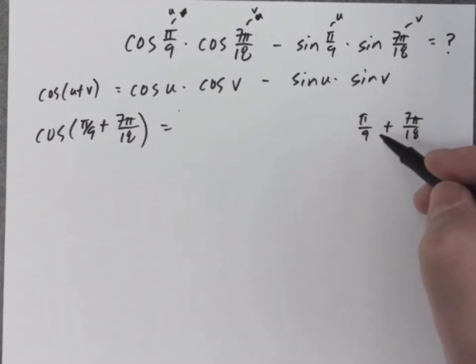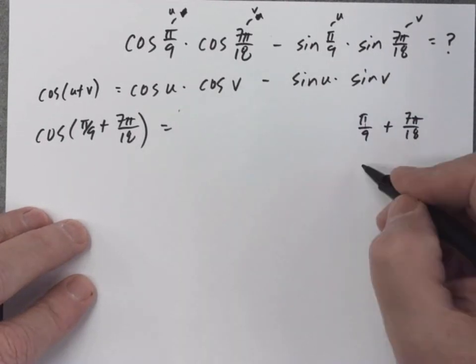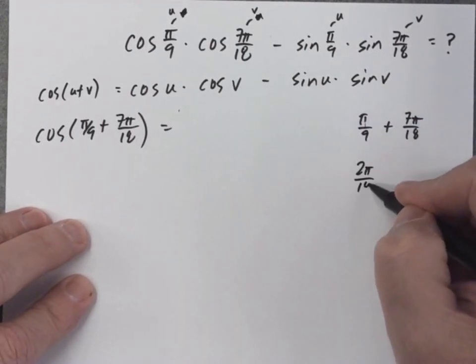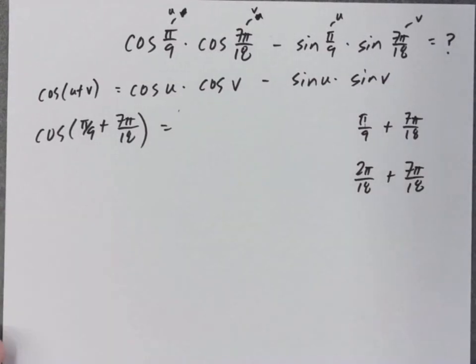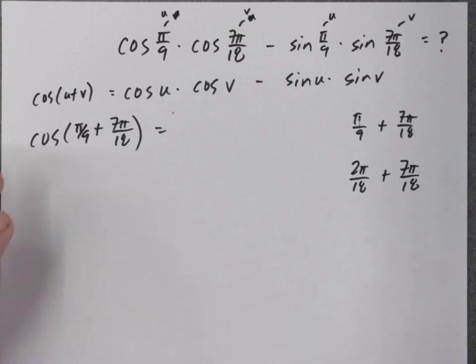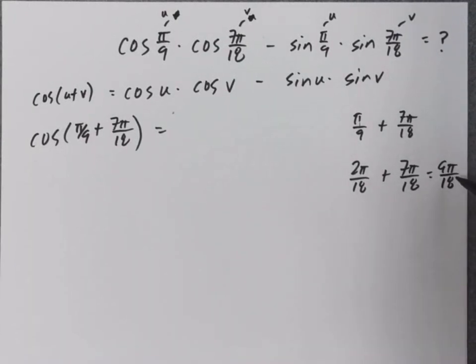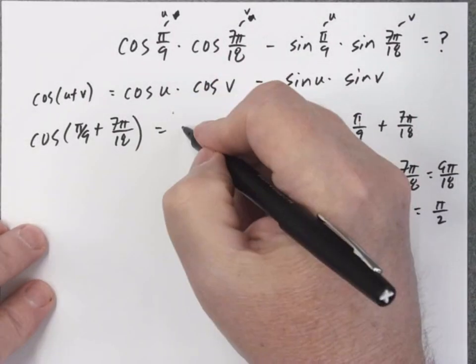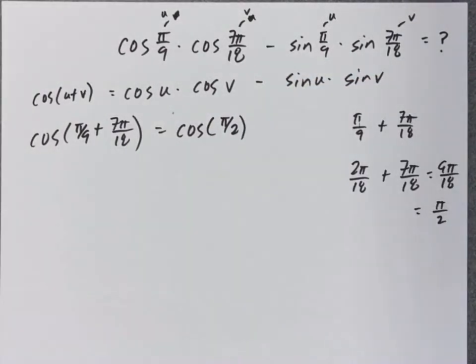If I'm going to add these together, I need the common denominator. I multiply the top and the bottom of pi over 9 by 2, so this becomes 2 pi over 18 plus 7 pi over 18, and that's 9 pi over 18. Of course, 9 pi over 18 reduces down to pi over 2. So this is really cosine of pi over 2.